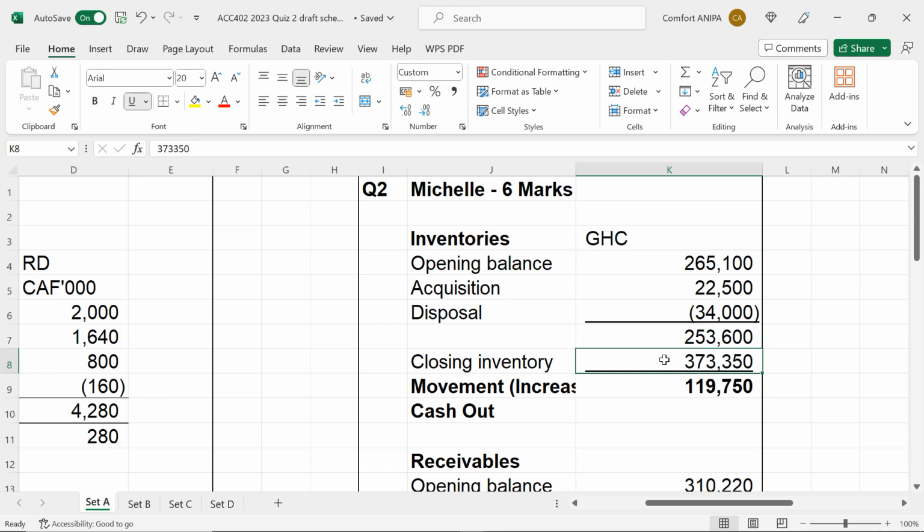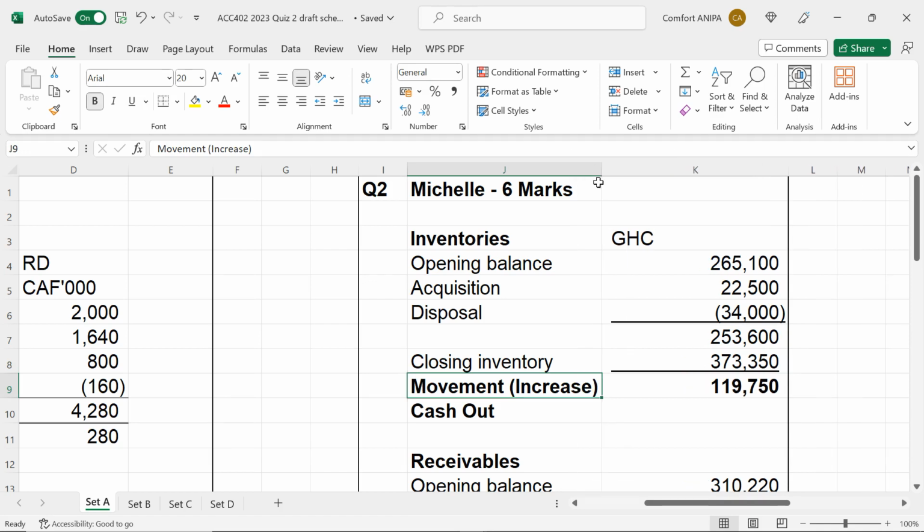If you compare it to your closing balance of 373,350, then you realize that you are increasing the inventory. Inventory is increasing. And once your movement is an increase in inventory, asset increasing, it means you are using cash to acquire more assets, and therefore it is a reduction in cash, a decrease in cash.